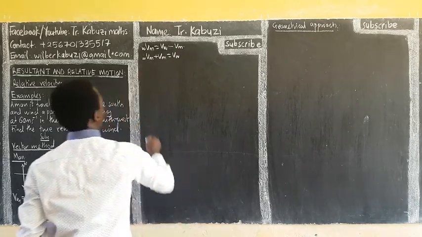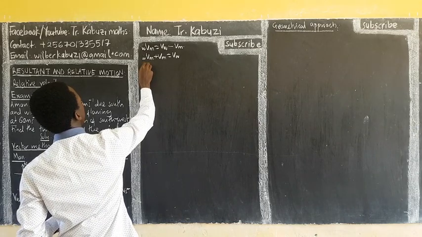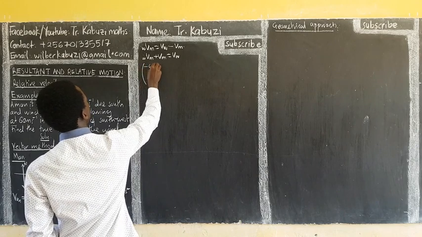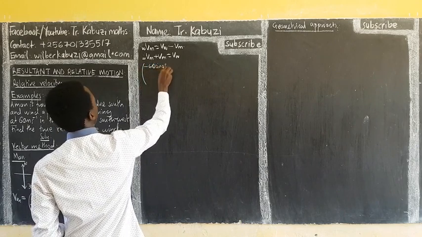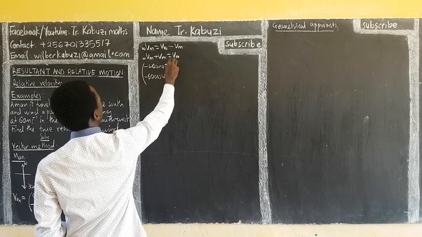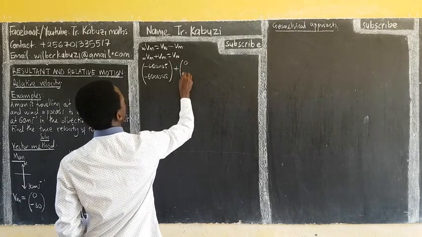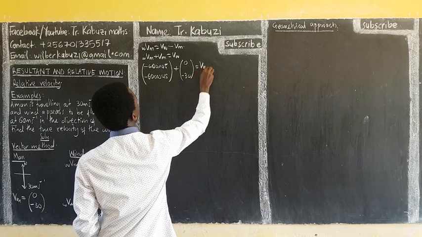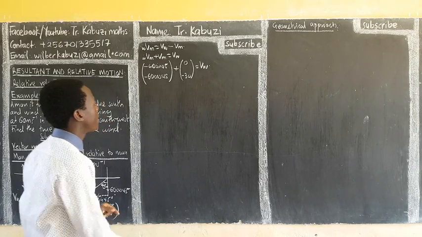So summing it there, this one is negative 60 sine 45, then negative 60 cos 45, plus that of the man, 0 and negative 30, to give us the velocity of the wind. Now this is what we call the true velocity of the wind.